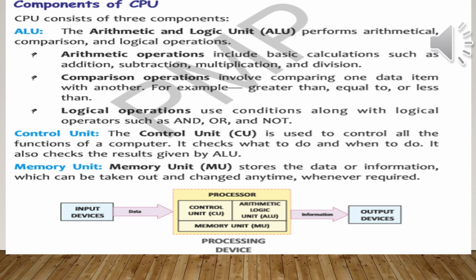Whenever we need the data, we can open it, see it, and make changes in it. So, these are the main parts of CPU, responsible for the work of the computer and residing inside the CPU cabinet.